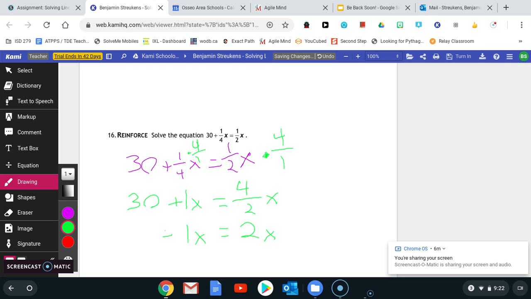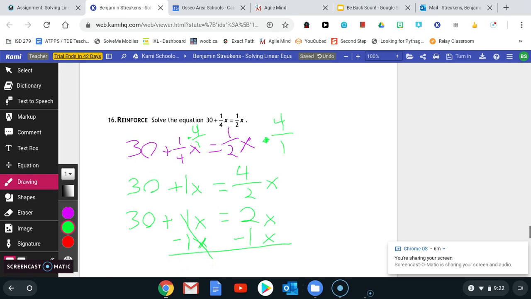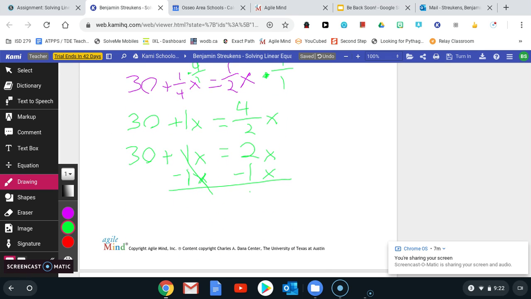In this case, now we still have that 1x. So what we're going to do is subtract that 1x. Subtract 1x. So now we have 2 minus 1, which is 1. But we still have this 30 on the other side. So our answer then is going to be 30 equals 1x, or x equals 30.